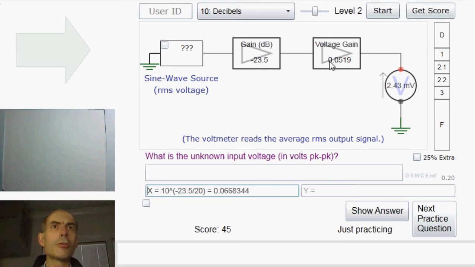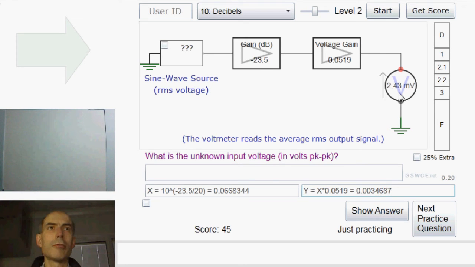And this has a voltage gain of 0.0519, so 0.0519, that's the product of these two voltage gains. The total voltage gain of our two-stage amplifier here is 0.0034687.